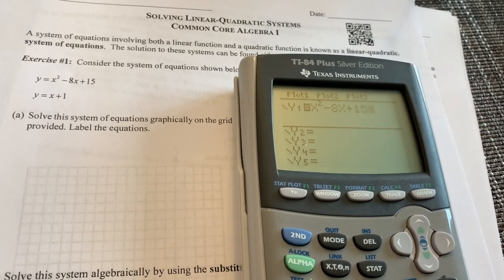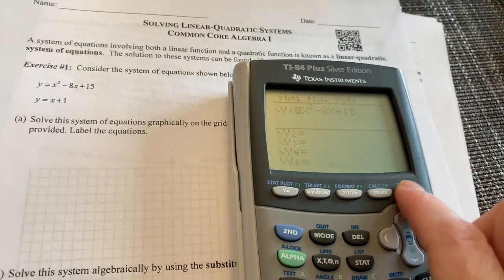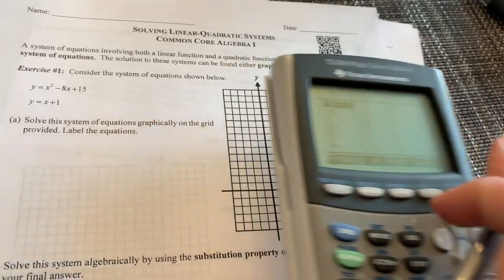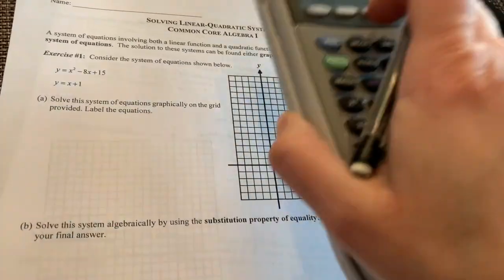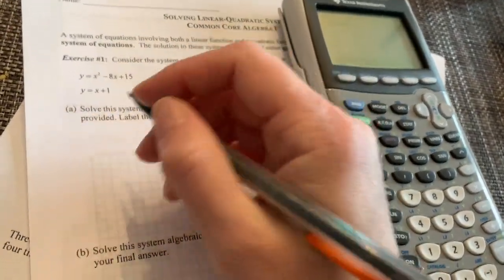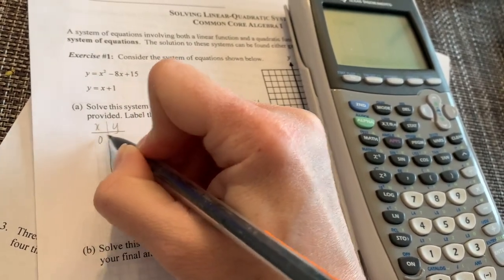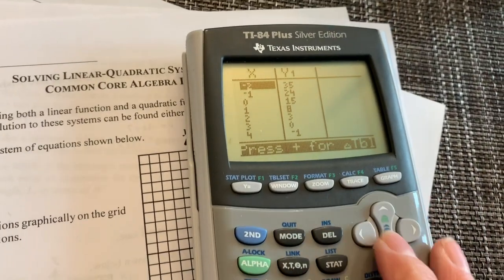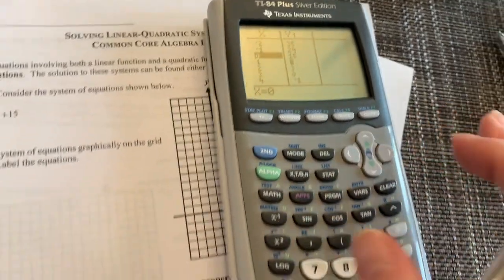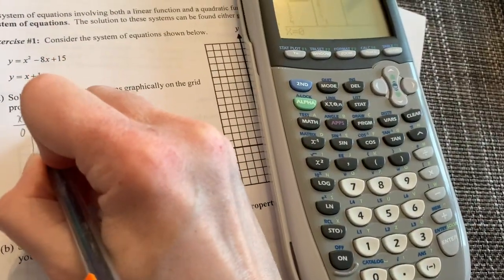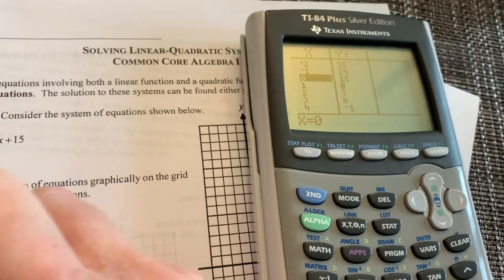I'm going to put this in so I can look at the table. I'm going to start off with 0 here. I'm just going to write the table in so I can plot some points. 0, 15. I'm going to start here because I don't have negatives. 0, 15. 1, 8.